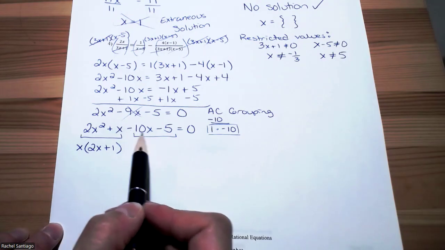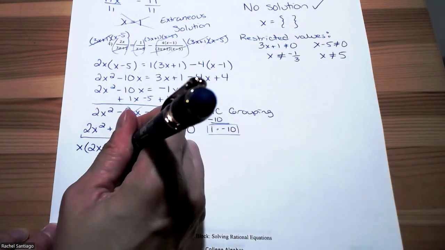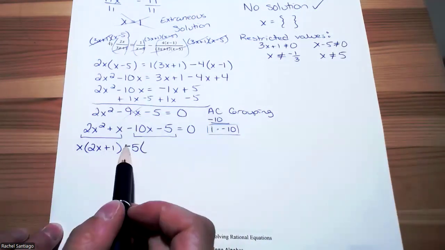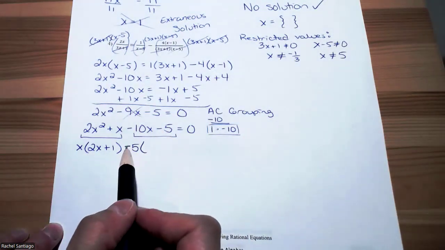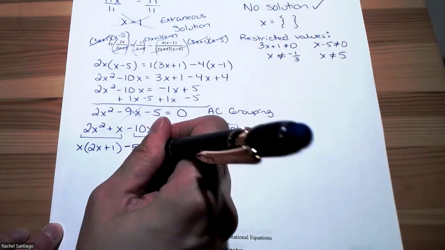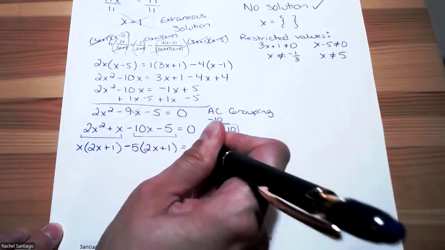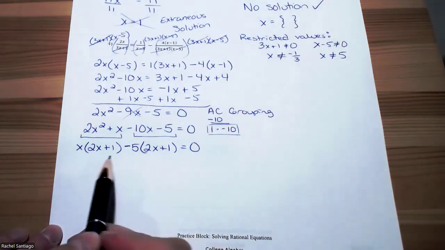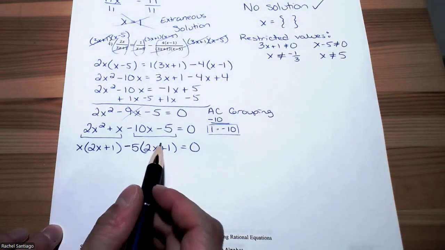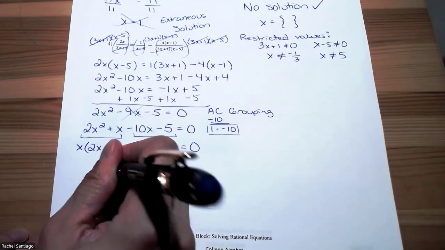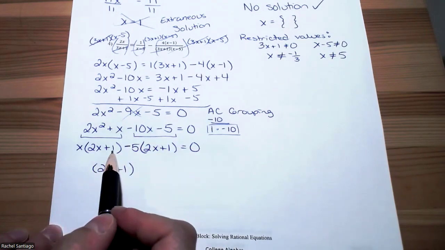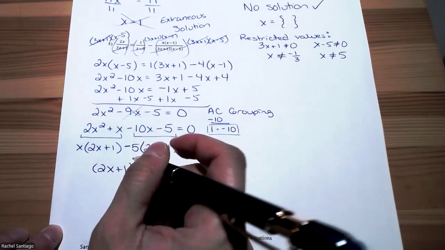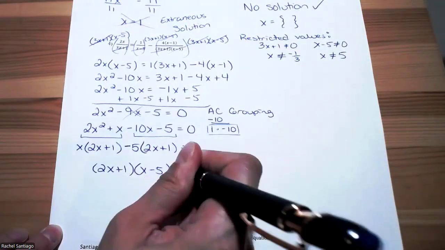So my GCF is a negative 5. If I factor out that negative 5, dividing it out of each term, that's going to leave me with 2x plus 1, which is fantastic because these needed to be the same, and they are. Factor out that 2x plus 1 from both terms, and that's going to leave us with x minus 5.